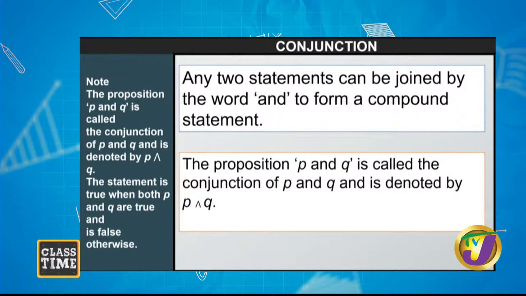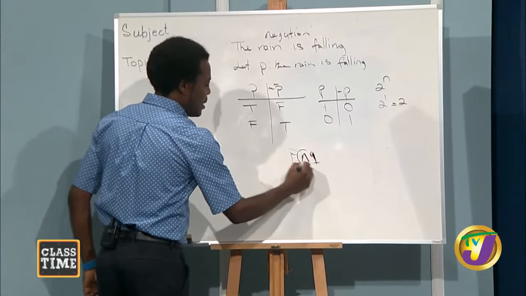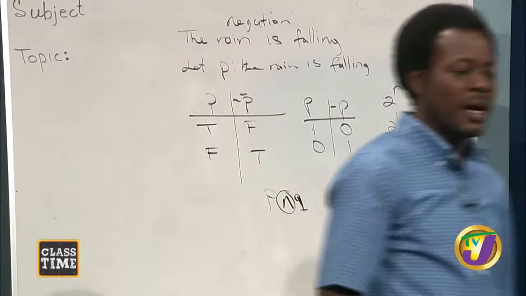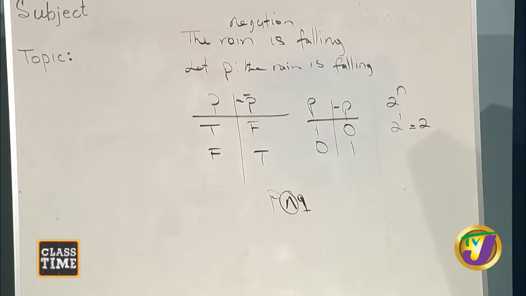The proposition P and Q is called the conjunction of P and Q and is denoted by P, this symbol, Q. This is the connective and.